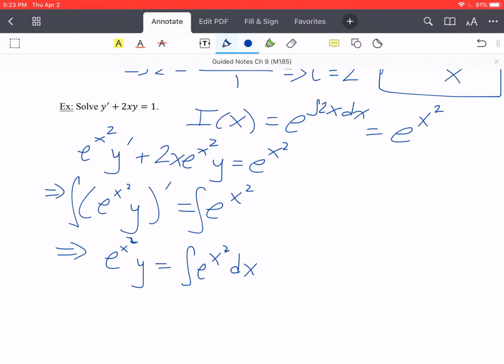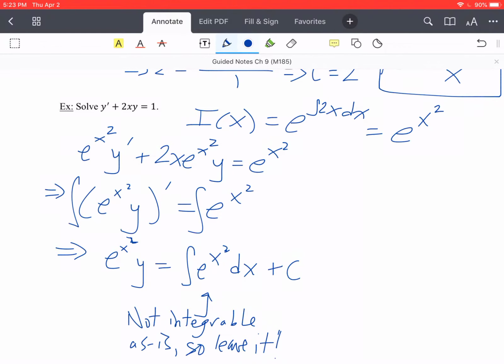Now this integral on the right-hand side is actually not integrable as is. So what we're going to do is we're going to leave it. This is not something that we can solve at this point, so we're just going to leave that there and just write our solution implicitly in terms of that integral.